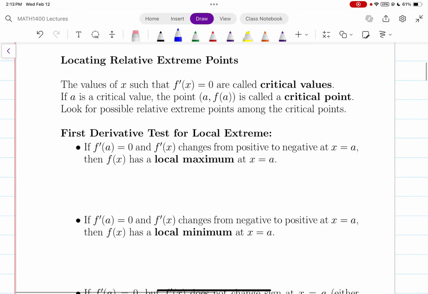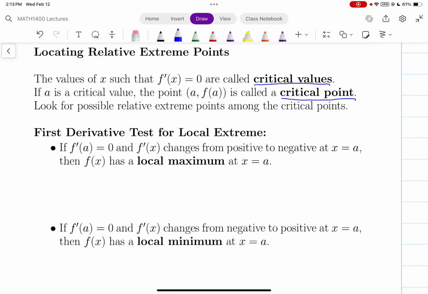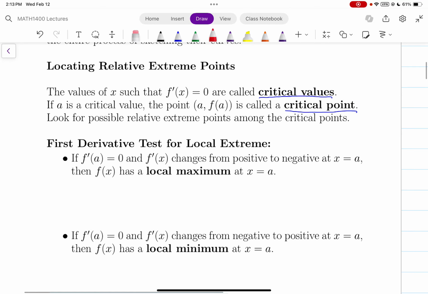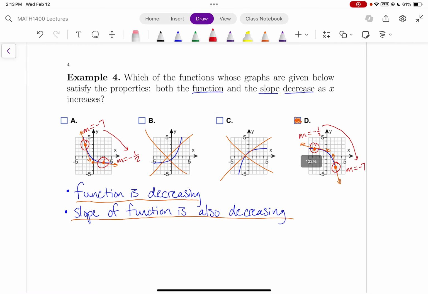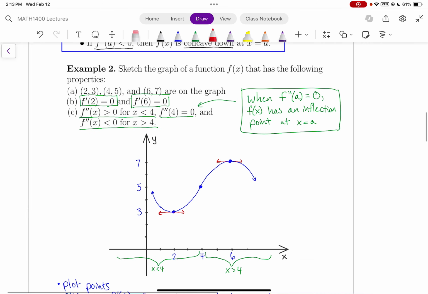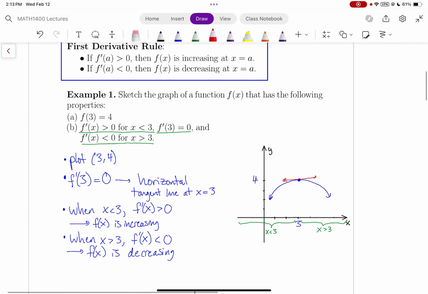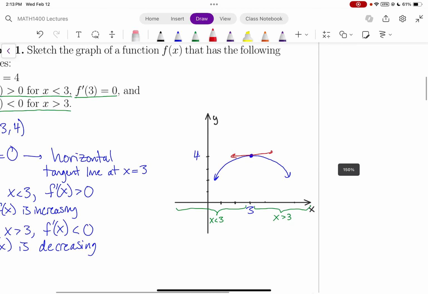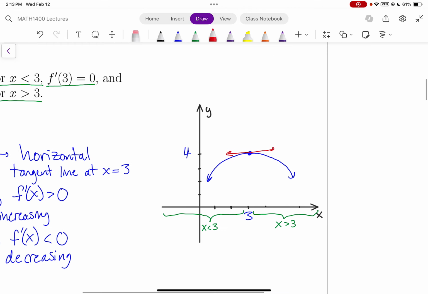The first terms it gives here are critical values and critical points. Essentially, let me go back to this one. Remember, we were given all these facts about our function, and then our job was to draw a sketch of that function.